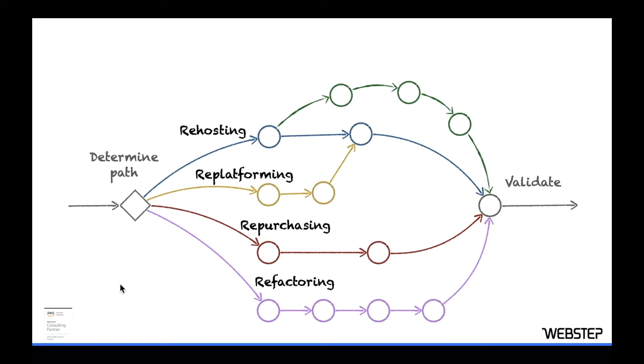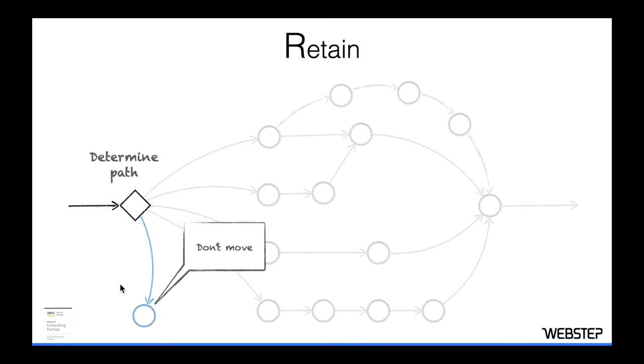And there are actually 2 things we've forgotten here, and people are maybe not thinking about them when they're thinking about what kind of migration strategy they should use. One is retain. Do you have any systems you don't want to move?